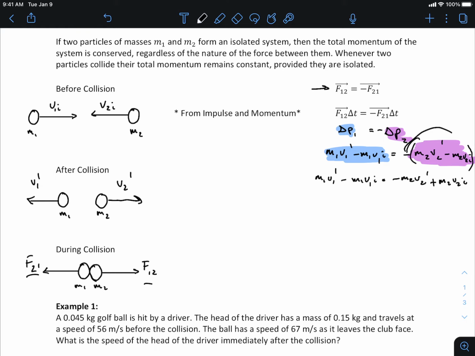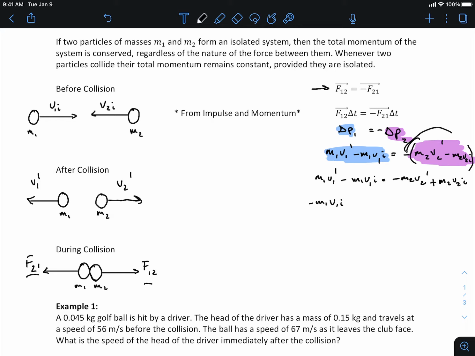That term is a final term, and I know it's a final term because of the prime. So let's move that to the other side, and grab the initial term from over there and bring it over. What we get is negative M1 V1 initial, that term right there.